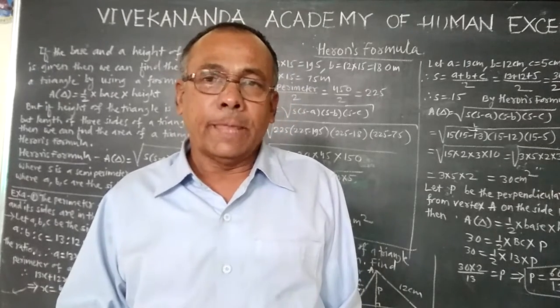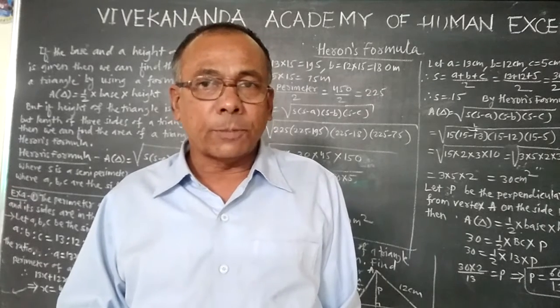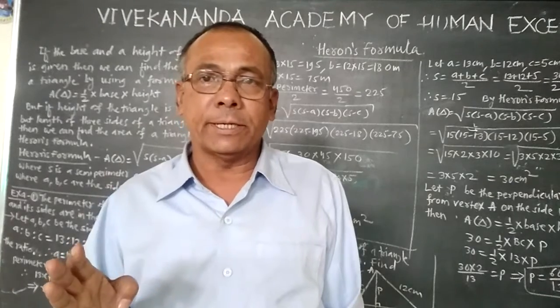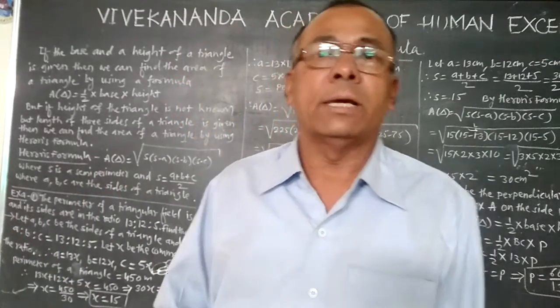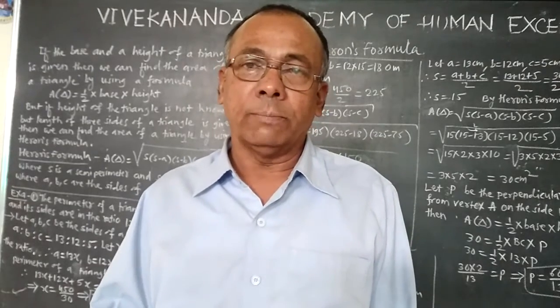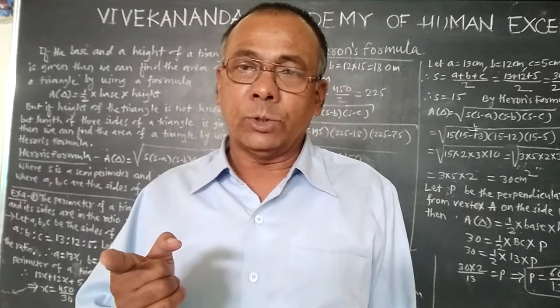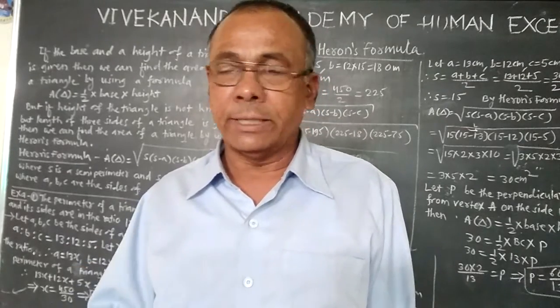And then we can substitute these values, the semi perimeter and the sides of the triangle, in the formula. Area of the triangle is equal to under root S into bracket S minus A into another bracket S minus B into third bracket S minus C.